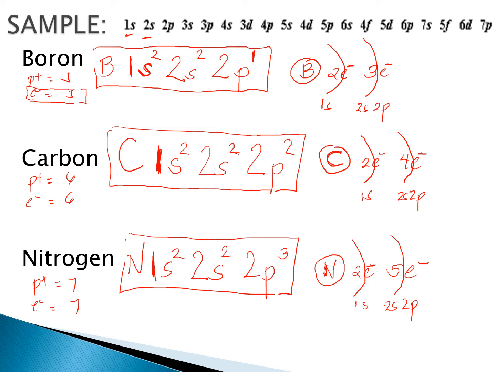Makikita ninyo na si boron, carbon, and nitrogen, meron pong laman yung kanyang first and second energy level. 'Di ba? So boron, 2, first energy level. For the second energy level, 3. Kay carbon, ang first energy level niya ay 2. Ang second energy level ay 4. And for nitrogen, ang first energy level niya ay 2. And para sa second energy level, 5.